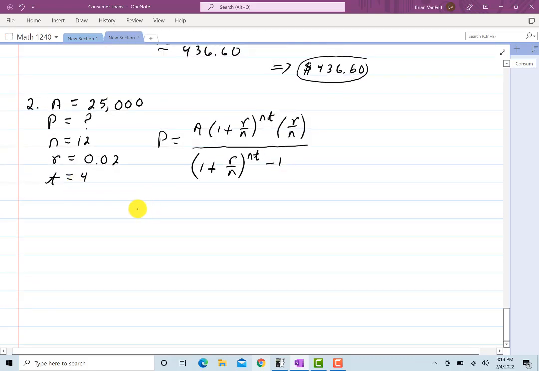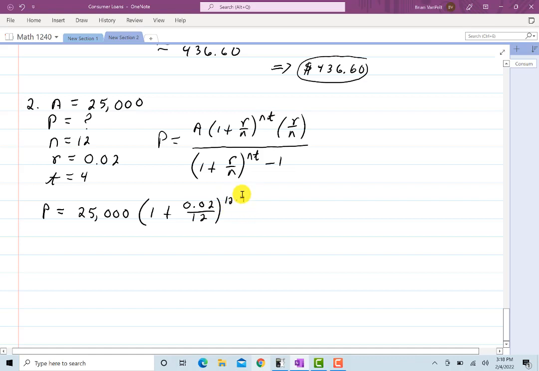Let's get our numbers in. A is 25,000. 1 plus 0.02 over 12 to the 12 times 4. By the way, have you noticed that every time, this is the total number of payments in the exponent. There are a total of 48 payments.